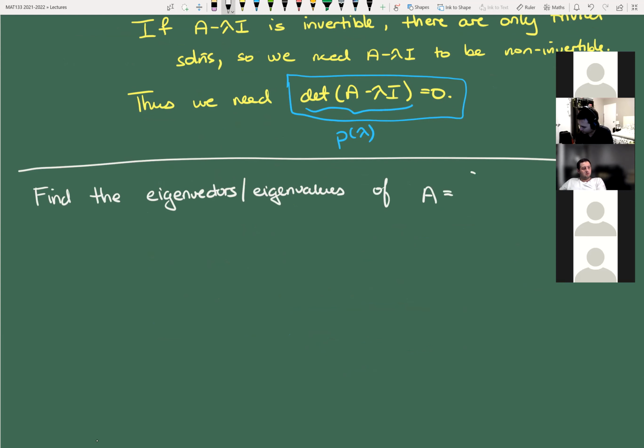Let's call it A. So it's going to be 6, 0, -2, 2, 2, -1, 6, 0, -1, like that. Okay, and hopefully this works. So as usual, first thing we do, characteristic polynomial. And don't say I didn't warn you.